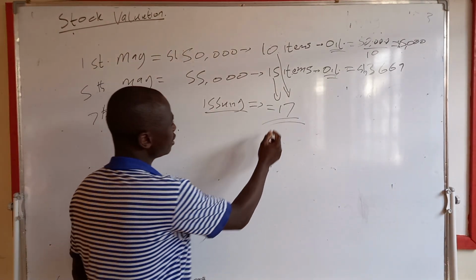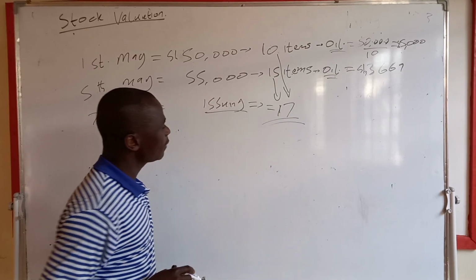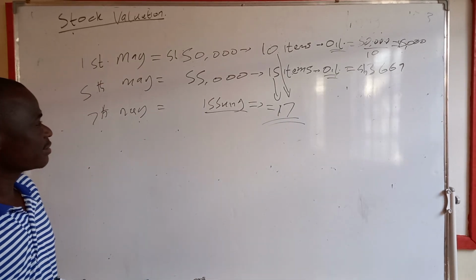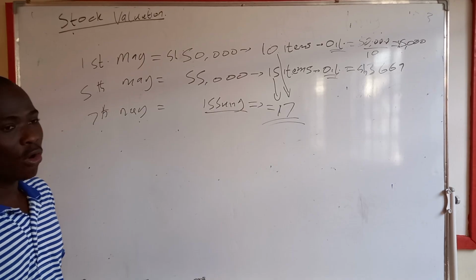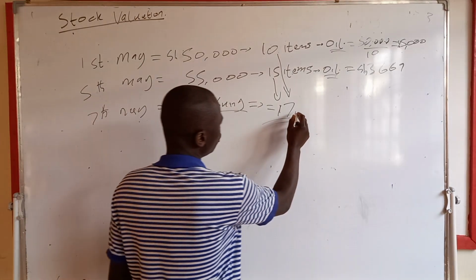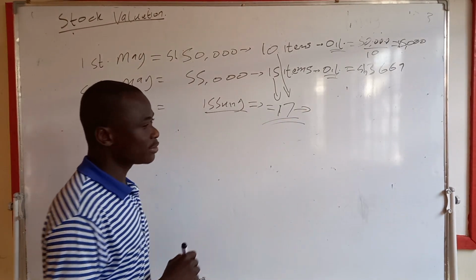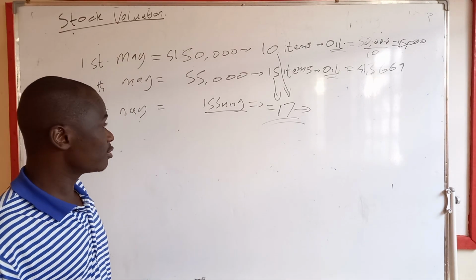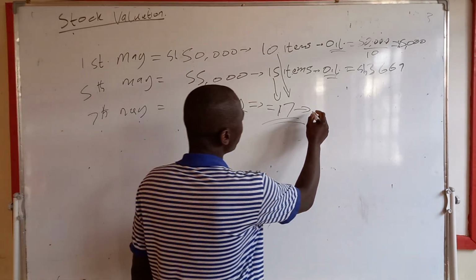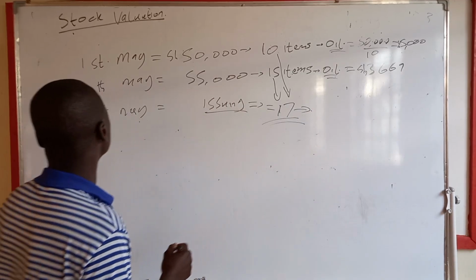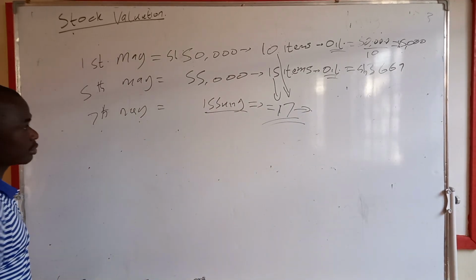So you want to find out at what price, or what is the cost of these items that you issued out or sold. That's what we now want to find out under this topic, stock valuation.